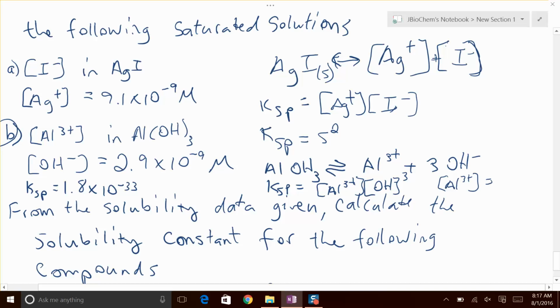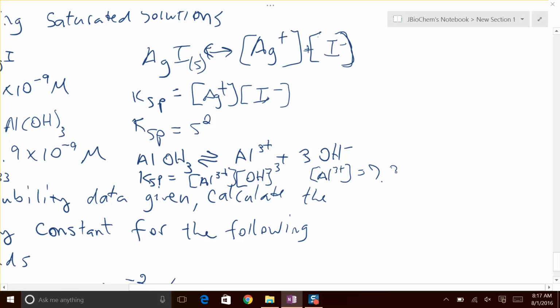KSP is 1.8 times 10 negative 33 divided by 2.9 times 10 negative 9 cubed. Is that what you guys are doing? Okay, what are you getting? Okay, 7 point what? 7.4, 7.38, okay. Times 10 to the negative 8?